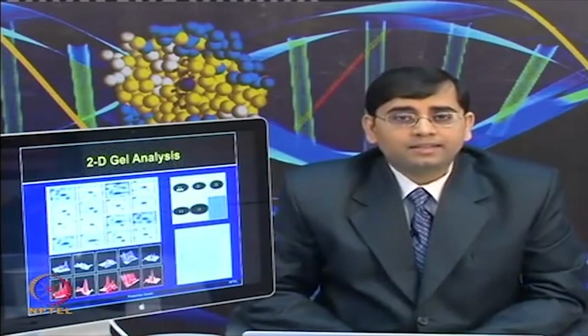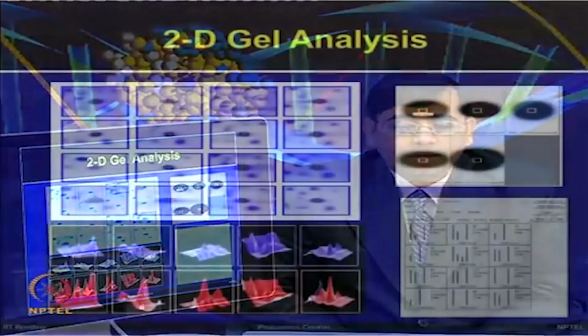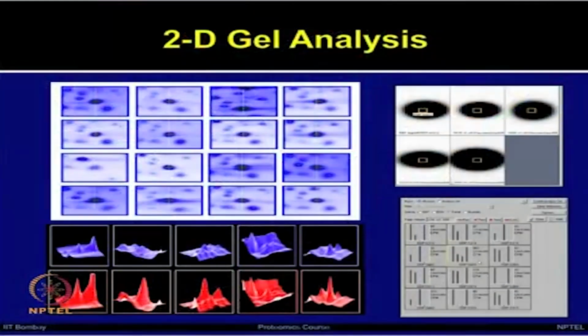As you can see in this image, I am showing you one spot which you would like to compare across 16 gels. Now, you have zoomed into that particular region, and further you are looking at the three-dimensional pattern of each spot, how they are differing from the control, shown in the black and the blue spots, and the treatment, which is shown on the black background in the red spot.